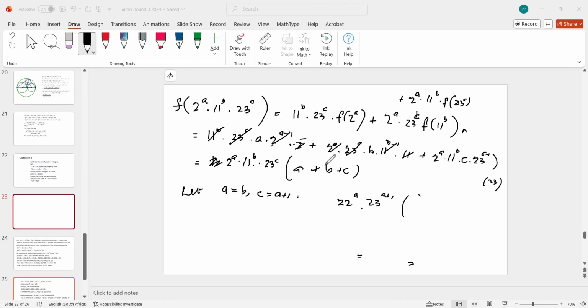And here you have a plus b plus c, and c is b plus 1. So a is equal to b. So these two are the same.